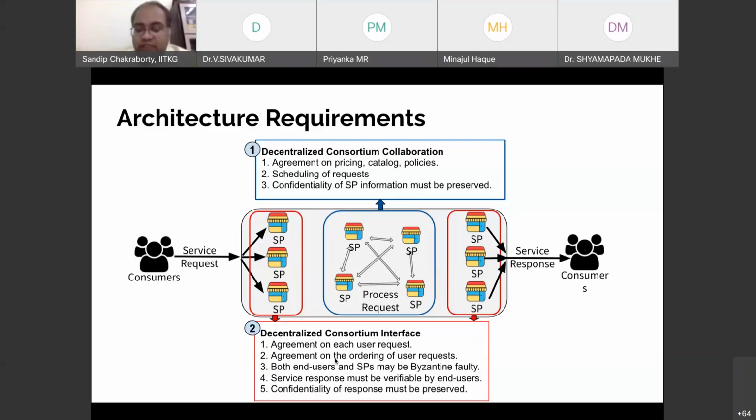Remember that both the users and the service providers may be Byzantine faulty, so the interface should take care of that. The service responses coming from the consortium to the end user must be verifiable by the end devices, and the confidentiality of the response also needs to be preserved. So these are our requirements in two different aspects.